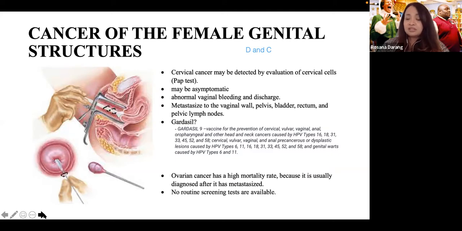There are no routine screening tests available. So we don't do an ultrasound every year just to screen for ovarian cancer. But when we do a bimanual pelvic examination every year with the OBGYN, it may be possible to diagnose it early because of pain and tenderness during examination.